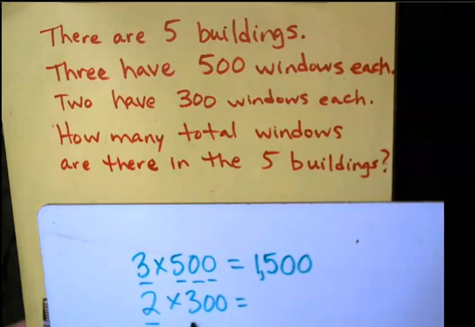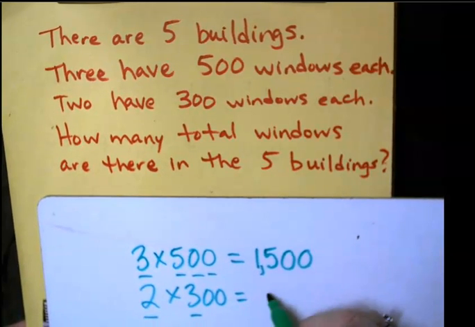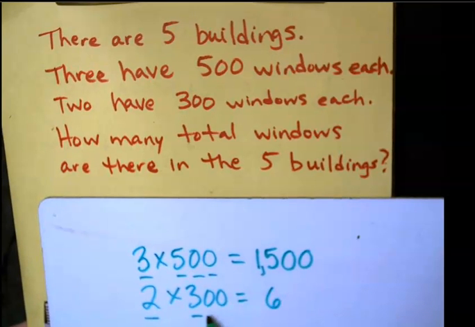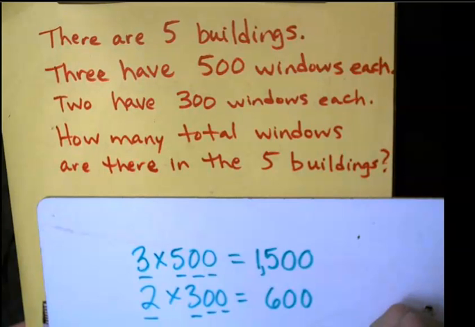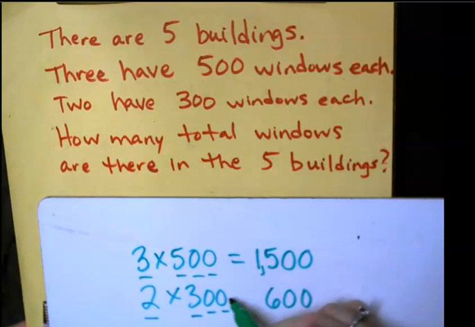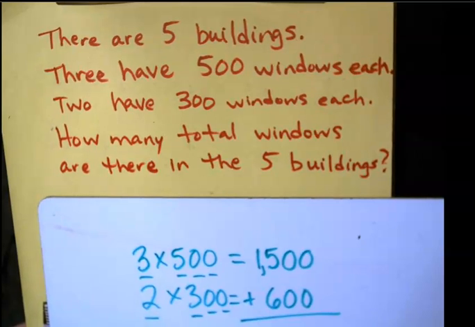And what's 2 times 3? Right, it's 6. So that means that 2 times 300 is 600. We're going to combine these two numbers to get the total number of windows in all 5 of these buildings. Okay?